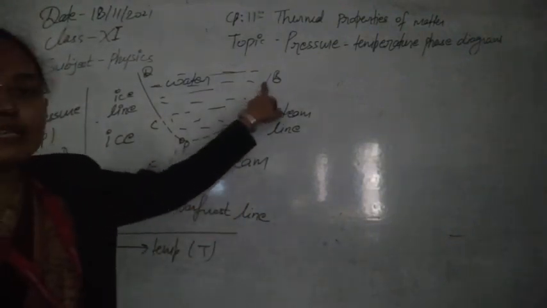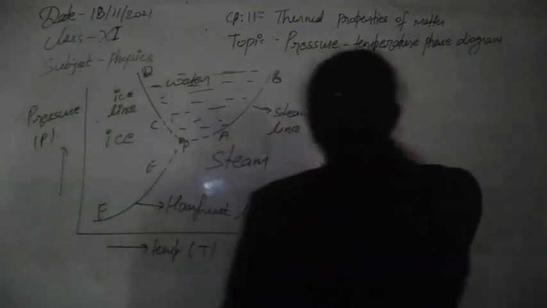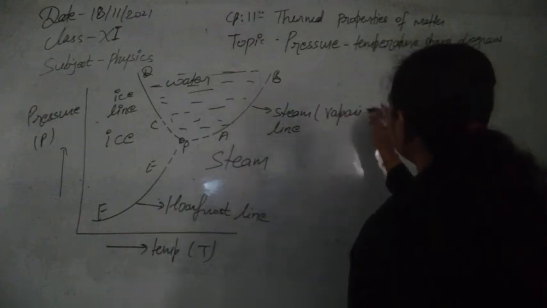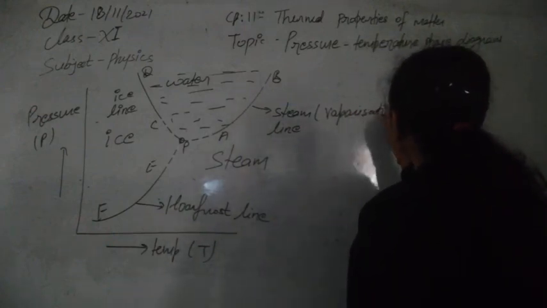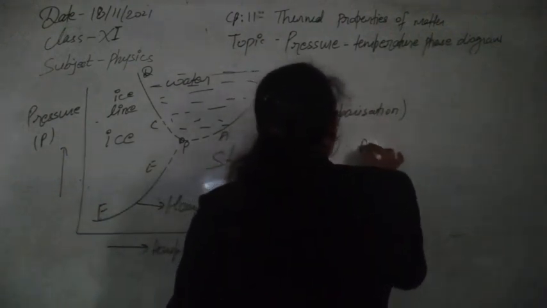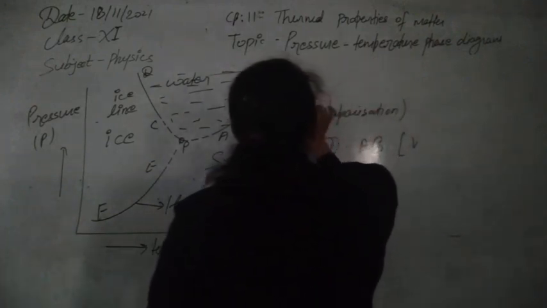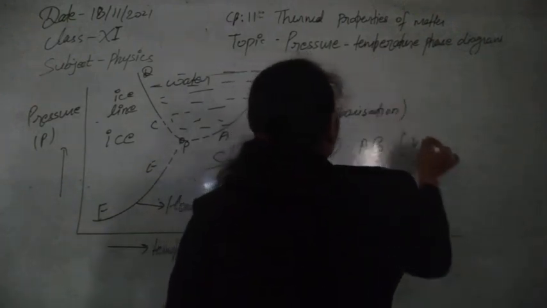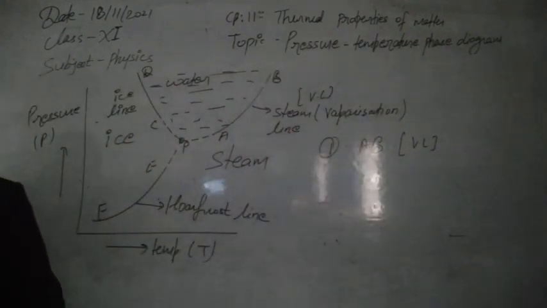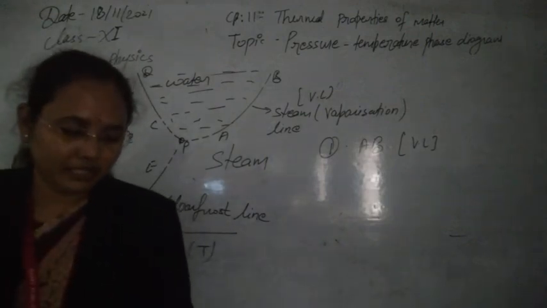This AB is the steam line, and for water we call it the steam line, but for any general liquid we can call it the vaporization line, VL. So what is vaporization, what does each of them represent, what is the meaning of that?